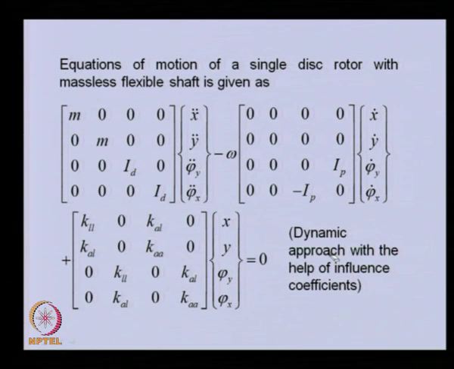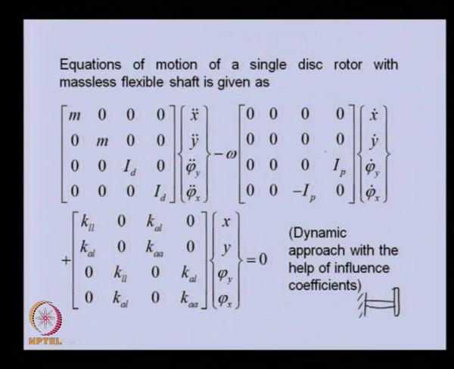In that particular case we developed the equation of motion of a simple single mass rotor system like this, in which the mass of the shaft we neglected, and this was the equation of motion which we derived earlier. This is the mass matrix, this is the stiffness matrix, which in turn we can get in terms of the influence coefficient matrix, that will be the inverse of the influence coefficient matrix, and this was the gyroscopic matrix.